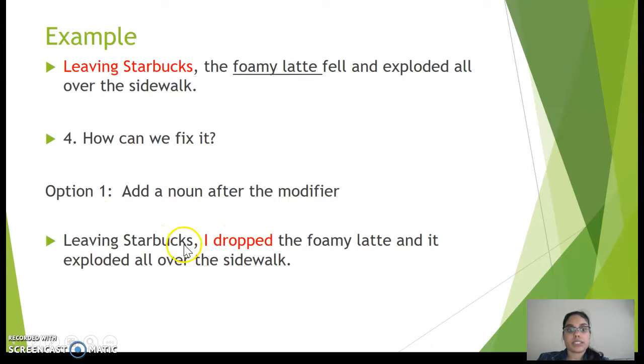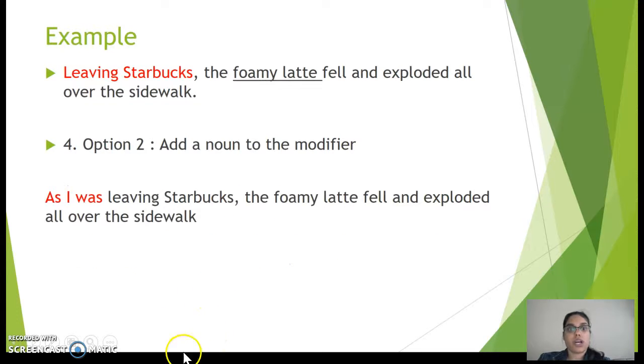The leaving Starbucks is not referring to the latte, it's referring to the person who is leaving Starbucks. For option 2, you can add a noun to the modifier, which is at the beginning of the sentence. So here we added, "As I was leaving Starbucks," so now leaving Starbucks is referring to this noun here at the beginning of the sentence. The foamy latte fell and exploded all over the sidewalk. So no longer in this sentence is there any ambiguity over who is leaving Starbucks, because we've added the I.